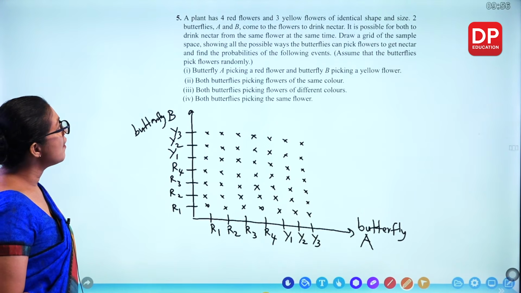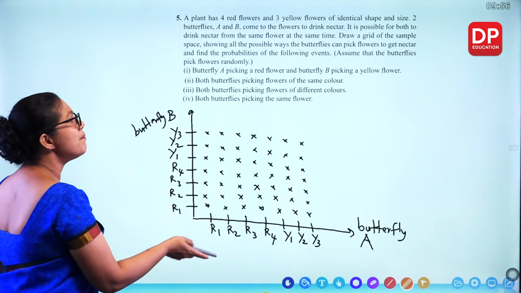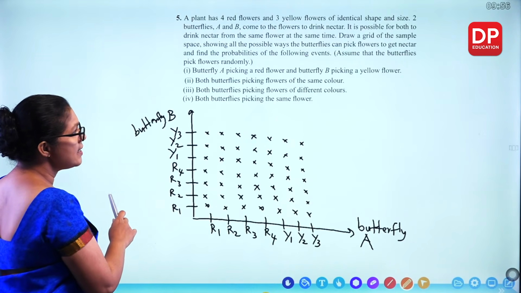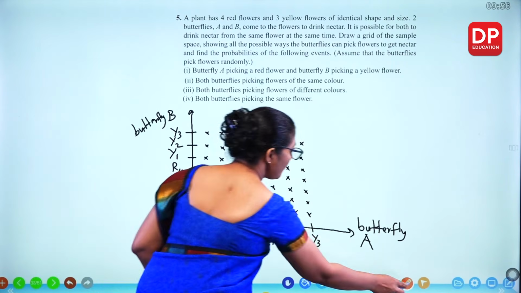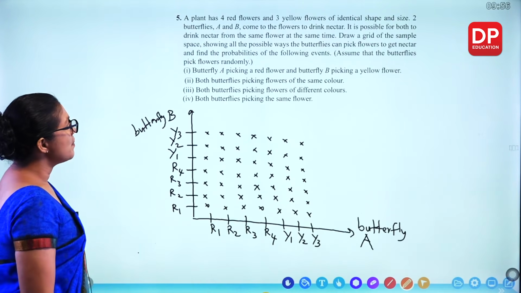First part, butterfly A picking a red flower and butterfly B picking a yellow flower. Which outcomes are suitable?